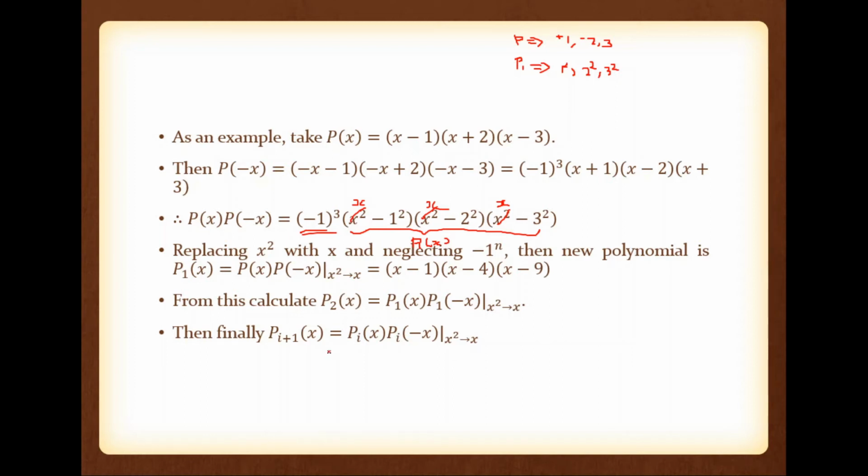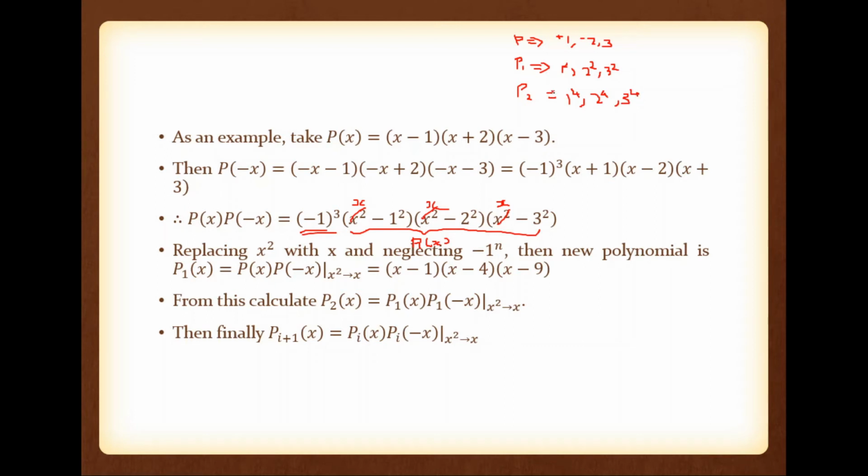So this is a polynomial. And what about the roots? I told you for P1 we have 1 square, 2 square, 3 square. What about P2? For P2 we have the squares of the roots of P1. So 1 square squared, that is 1 raised to 4, 2 raised to 4, then 3 raised to 4.